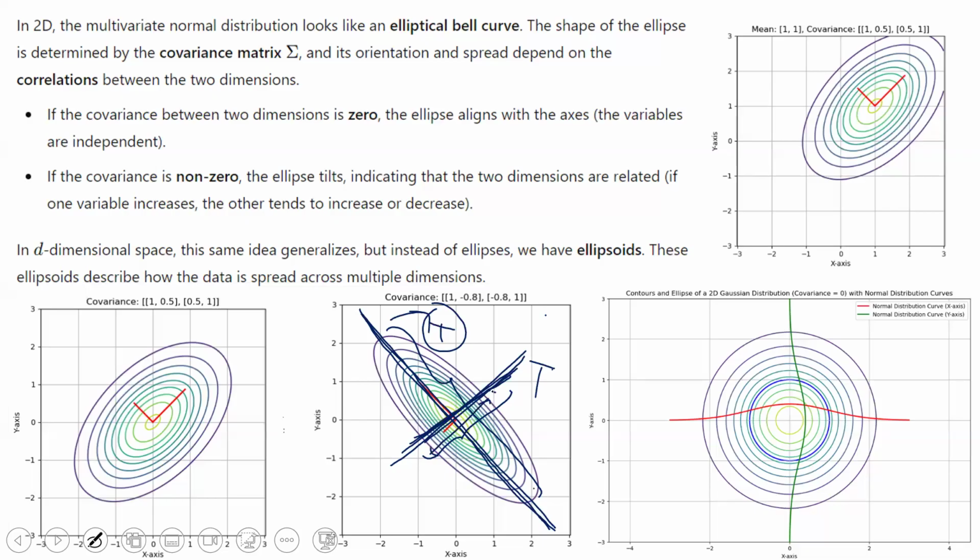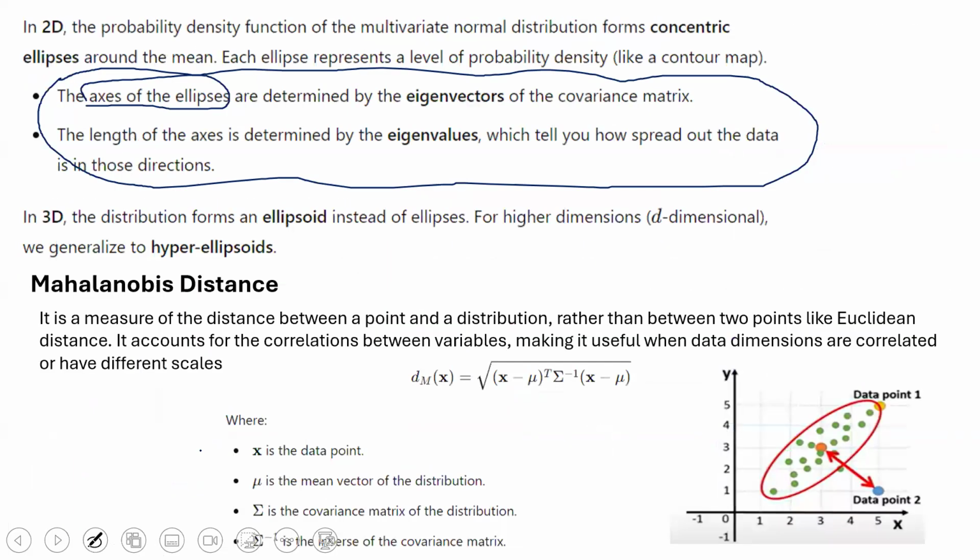So eigenvalues give the stretch, eigenvectors represent the axes. The lambda used to get this vector gives the length of the ellipse in that direction. Is that clear?